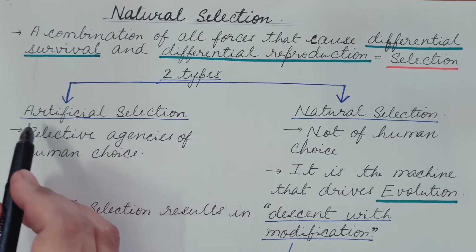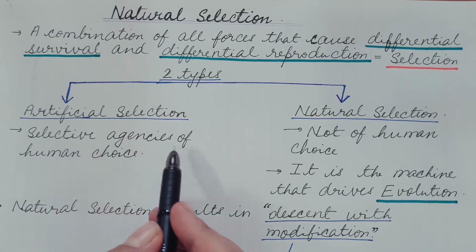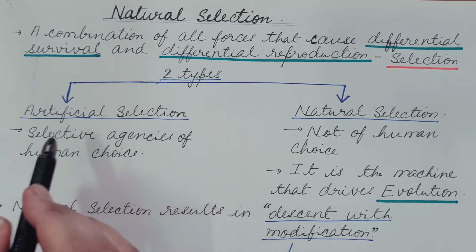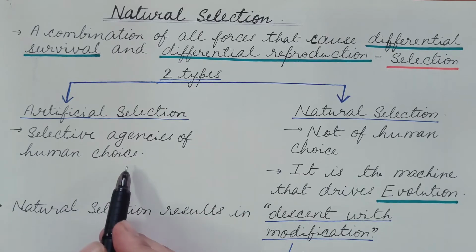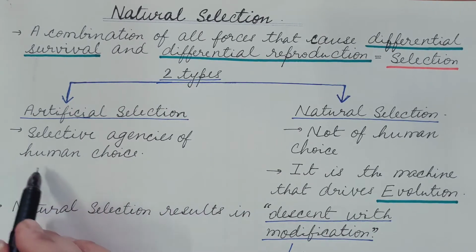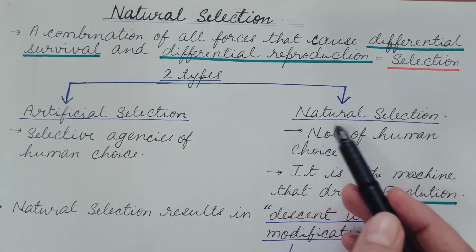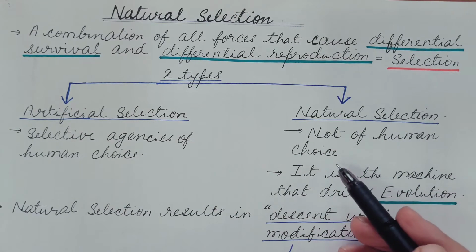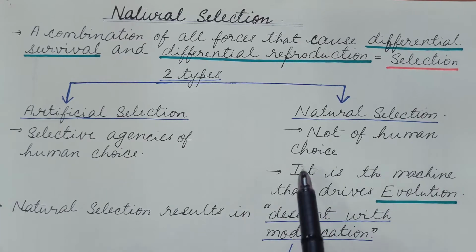In artificial selection, the selective agencies or the factors of selection are not by chance or by nature, but are of human choice. In natural selection, these selective agencies are not of human choice, but are natural.